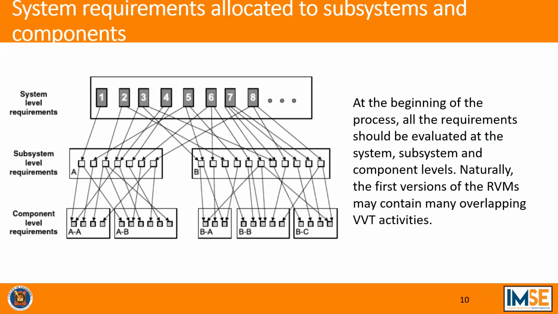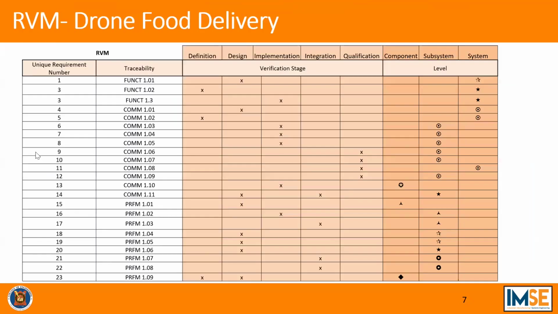For example, reviewing the example depicted here in the diagram may suggest that requirement 1 could be tested at the subsystem level and may not require a proof at a system level, as it must be made in its entirety at the subsystem A level.